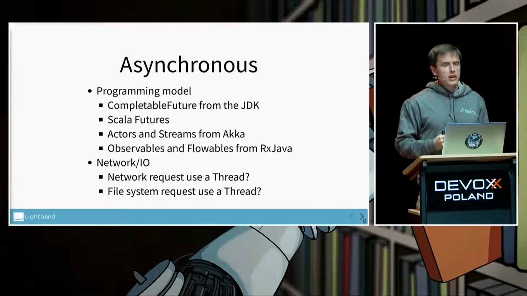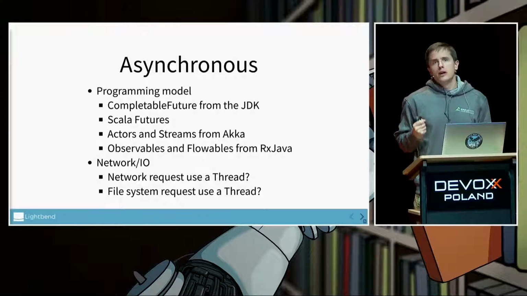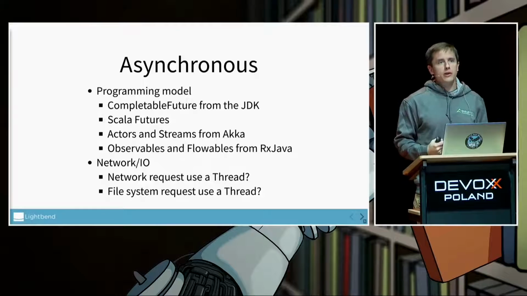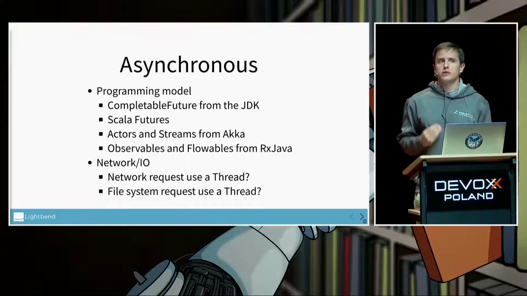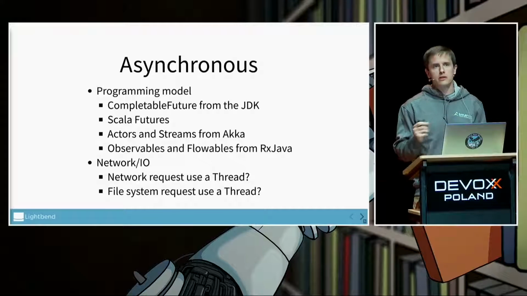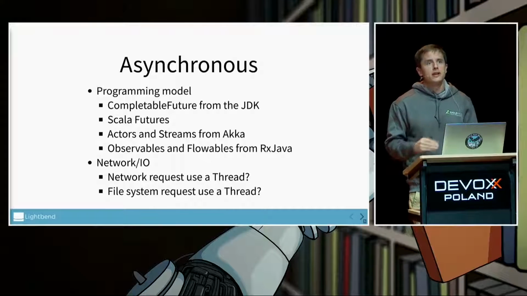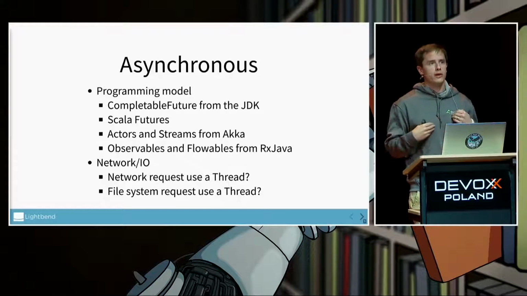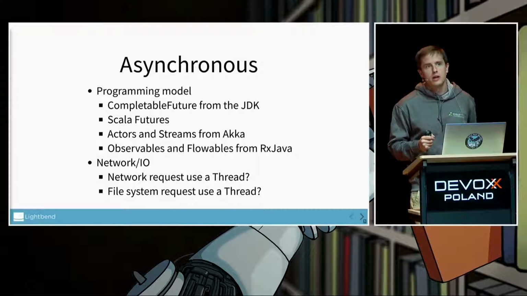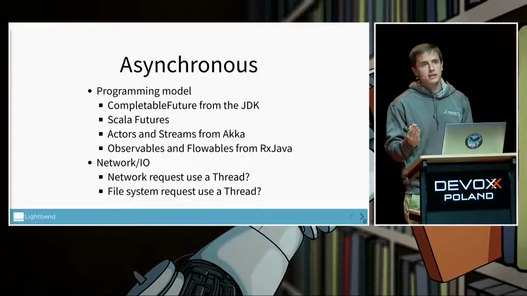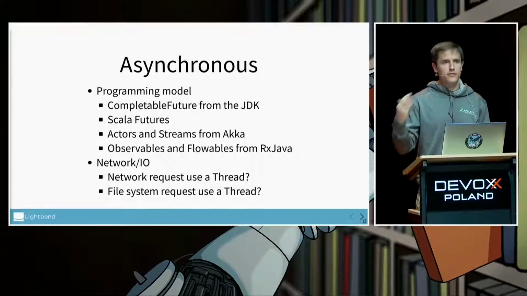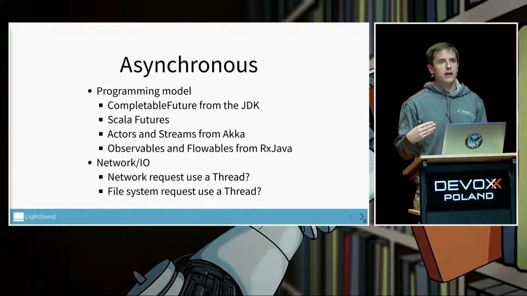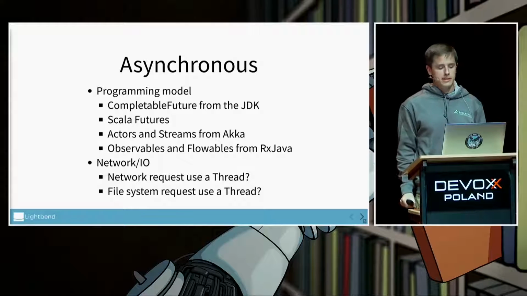So if you think about your application now, if you go to the database, or if you talk to Kafka, or if you talk to the file system, are you currently using an operating system thread, even though you're just waiting for a response from a database or from another service? If the answer is yes, even if you're using things like futures and actors, then you're not asynchronous all the way through, and you're not going to get the scalability and the resource efficiency that I'm going to talk about today.